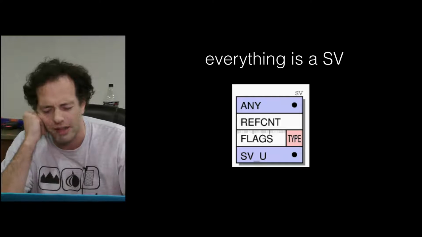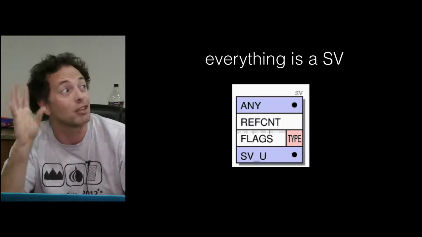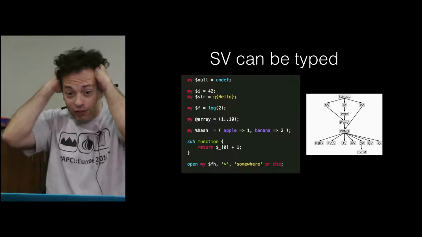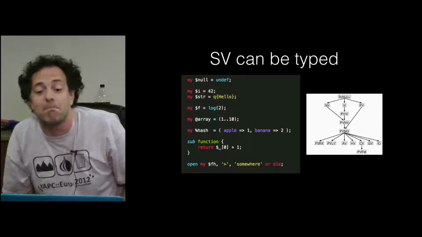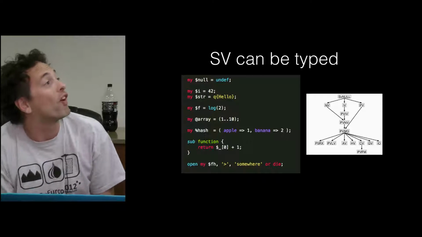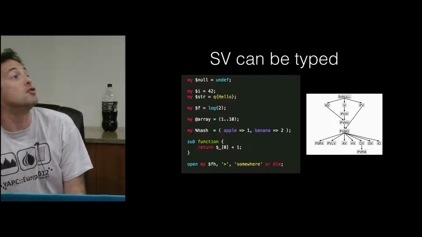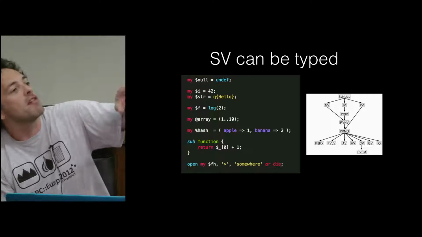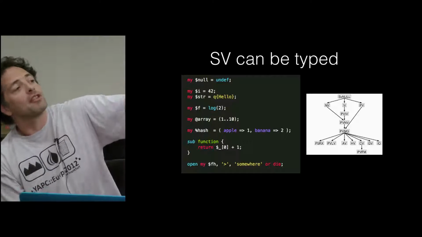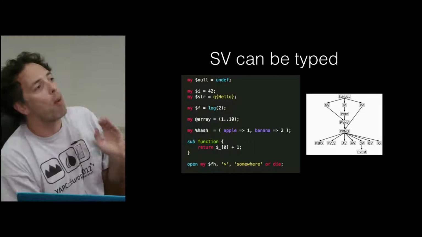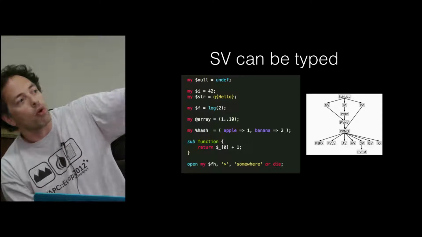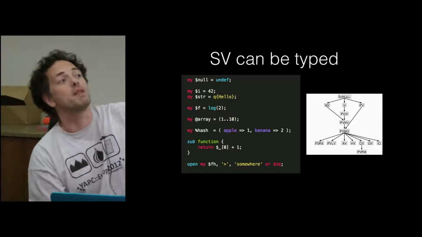So we're going to just have a quick look at SVs, and that's mainly what I'm going to talk about in these 10 minutes. So Perl is not typed, but SVs can be typed. Okay. So the very first one is null. It's one SV null, and then we have NV, IV, PV. The arrows there in these three are very important, because one SV can be upgraded regarding these three, and they can never be downgraded.